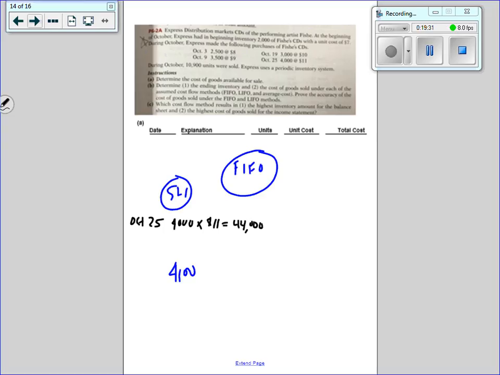Am I going to use all of them? I'm only going to use 100 of those because I need it to equal 4,100. At 10 bucks a piece equals 1,000. What is my cost of the stuff still here? $45,000.